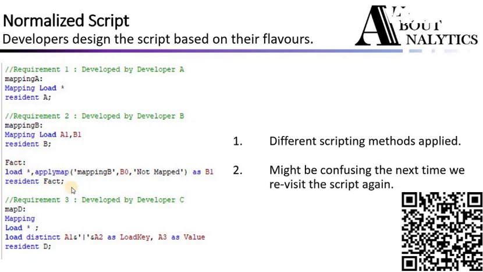So there will be a lot of different scripting methods applied in this one ETL layer, which might be confusing the next time we revisit the script for a new enhancement or new requirements.